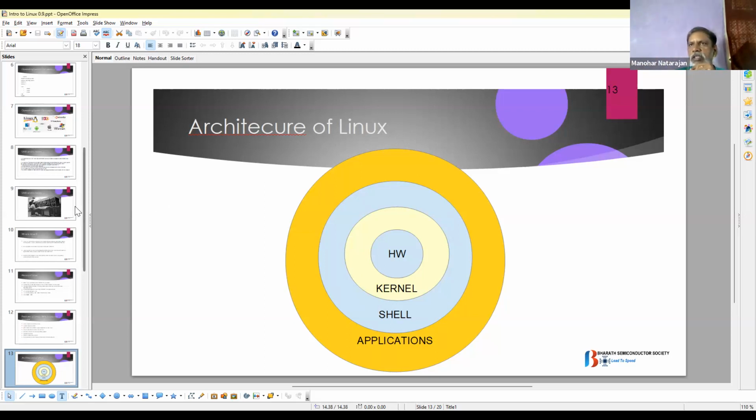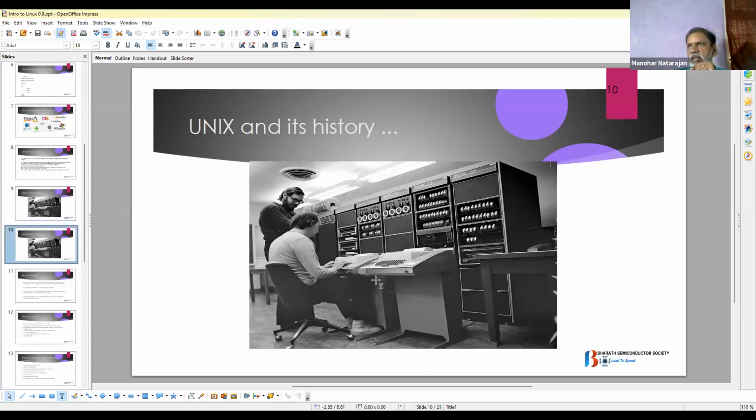You had a keyboard and a printer-like device where you could see at most one line at a time. You type something and the output of the computer is printed out one line at a time. So the command line was the only possible way of entering commands to the system.